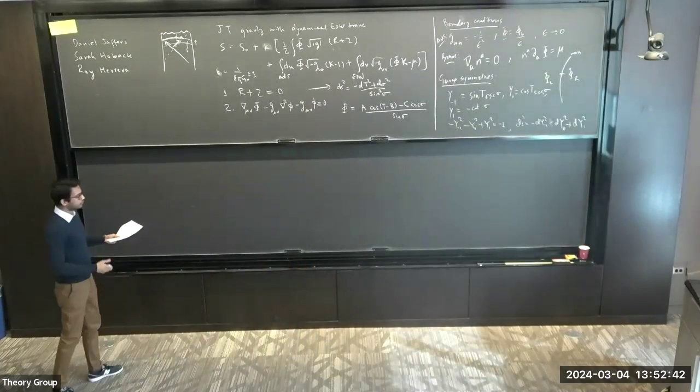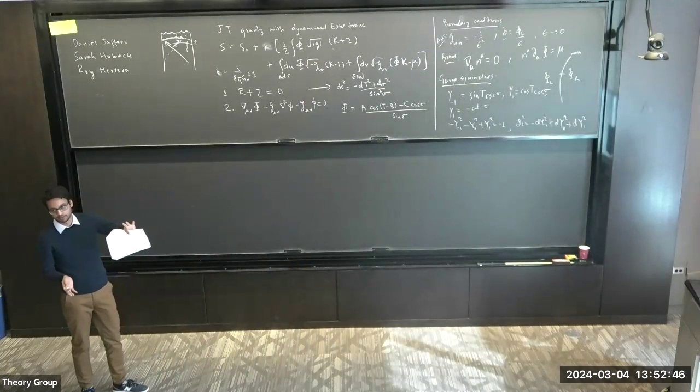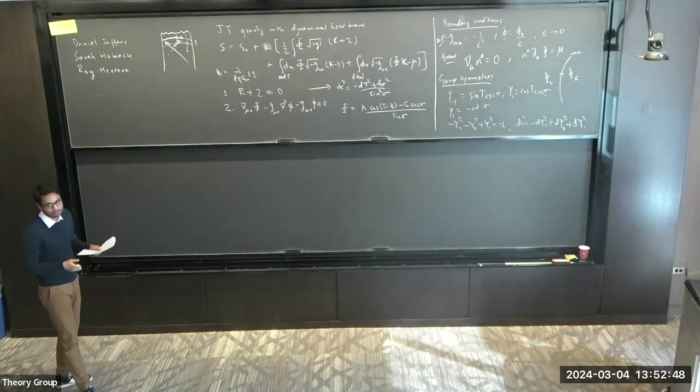Okay. So yeah, and it's clear that the isometry is SO(2,1).